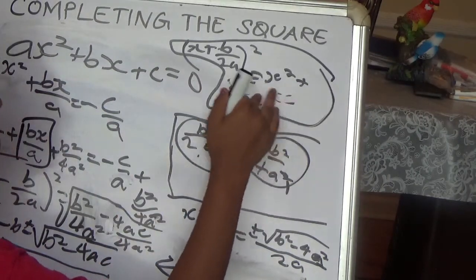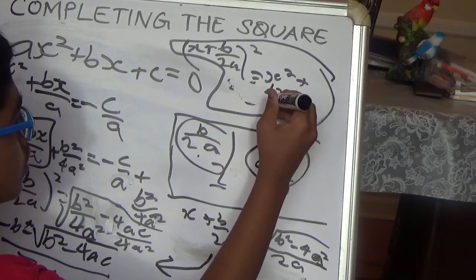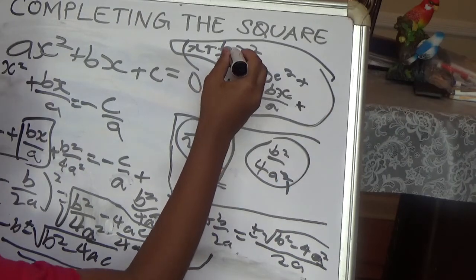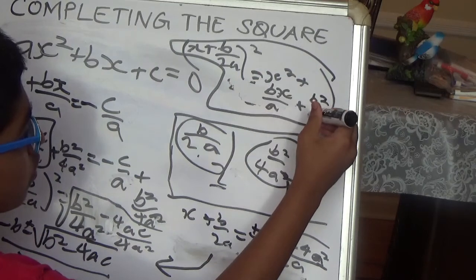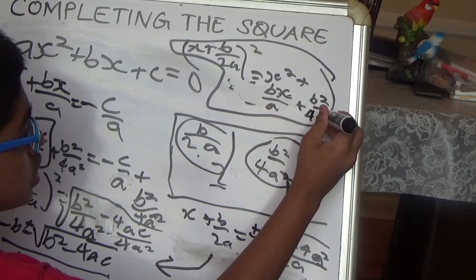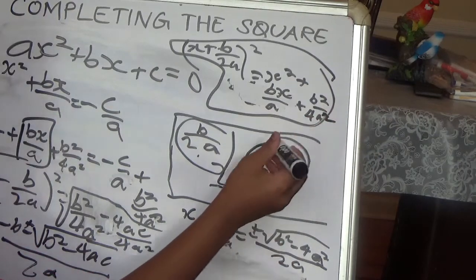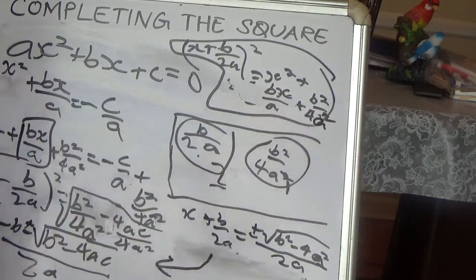So x squared plus bx over a plus, and you square this, b squared over 4a squared. Okay, so that's how completing the square works, and I hope we've explained every part of it.